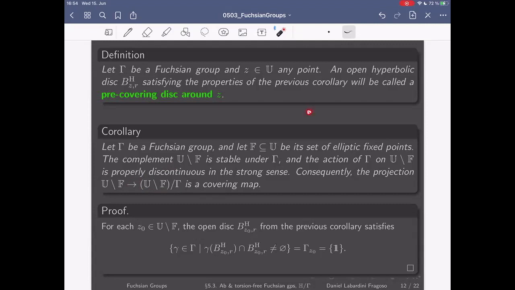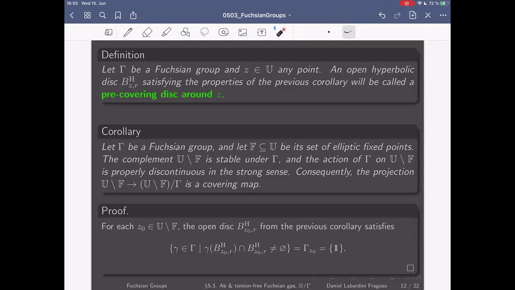So if you have some elliptic fixed point for some torsion elements of gamma, then they rotate around that point, and that central point, that fixed point, is exactly what messes up the proper discontinuity in the strong sense, and so it will still be properly discontinuous in the weak sense. But if you want something in the strong sense, you have to take those points out.